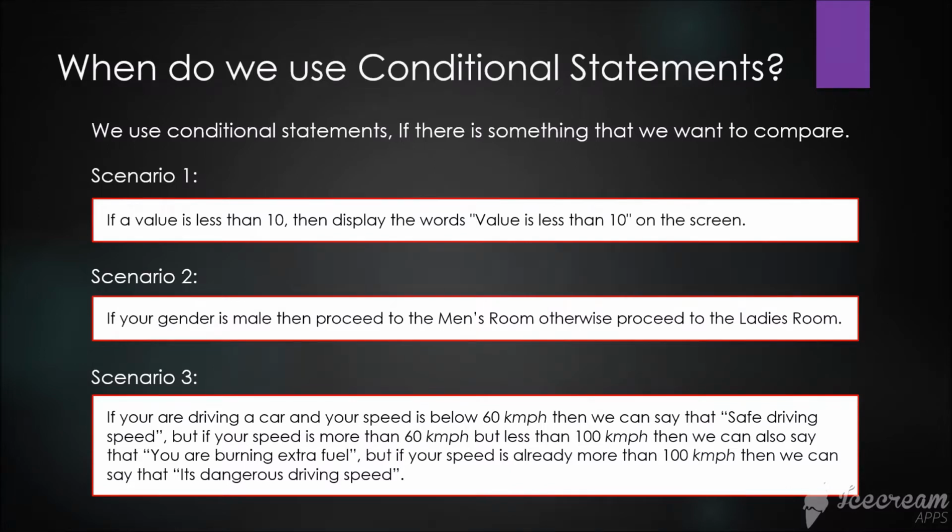But if your speed is already more than 100 km per hour, then we can say that it's a dangerous driving speed. So what are those things that we're trying to compare here? Basically, we're trying to compare the speed. So if it is below 60, if it is greater than 60 but less than 100, and if it is already more than 100 km per hour. So we are comparing the speed here.